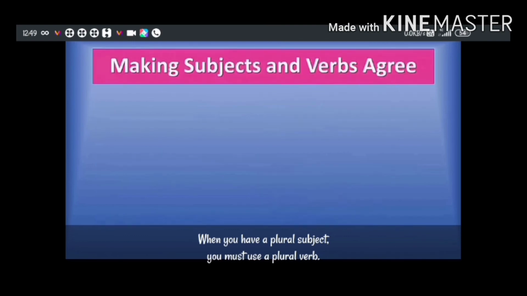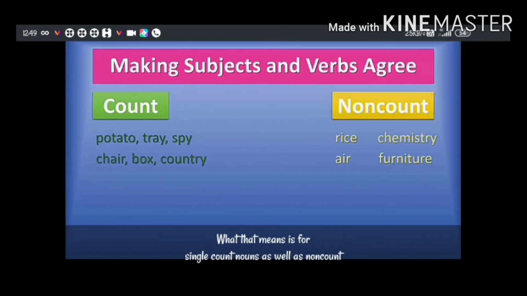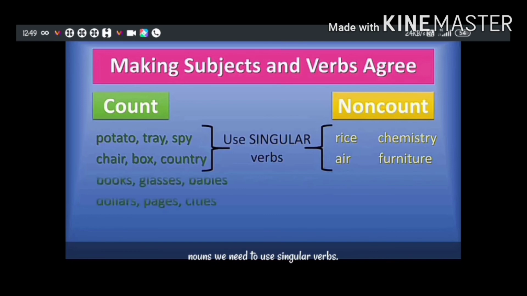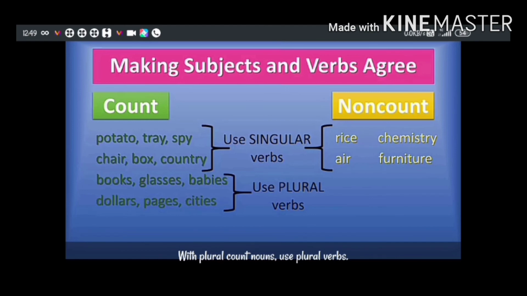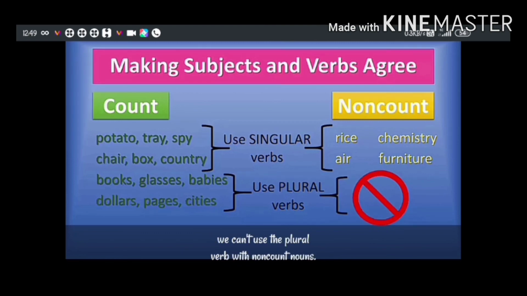So for single count nouns as well as non-count nouns, we need to use singular verbs. With plural count nouns, use plural verbs. But because non-count nouns don't have a plural form, we can't use the plural verb with non-count nouns.